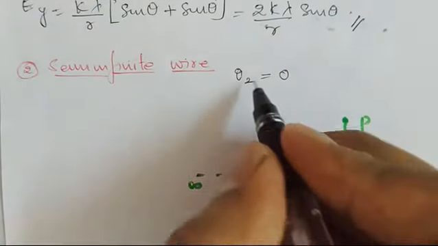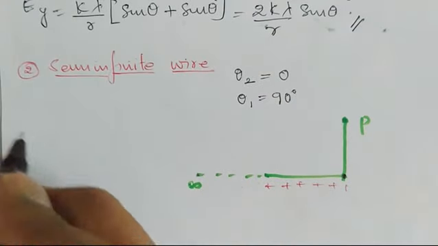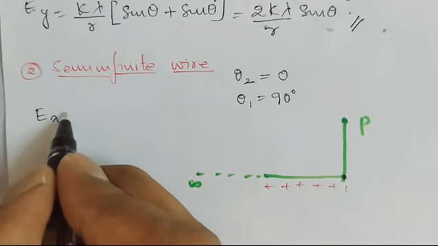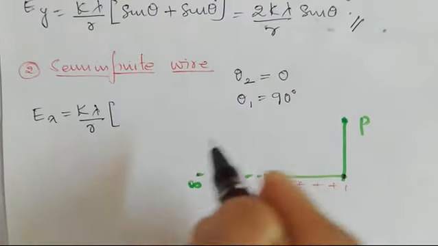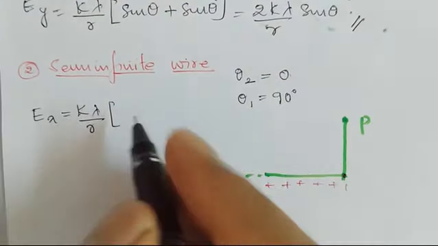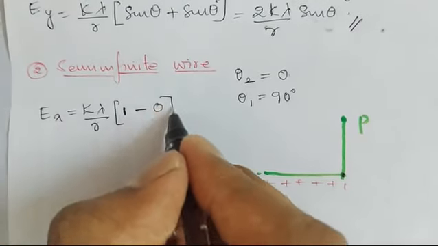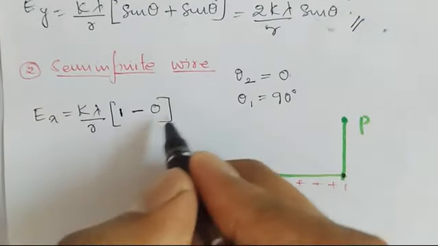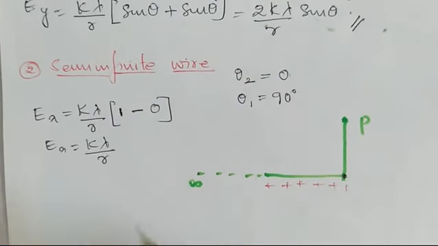Theta 2 becomes 0 and theta 1 becomes 90 degrees. Now see the Ex value. K lambda divided by R, cos theta 2 is 1, minus cos 90 is 0. So we will get Ex value as K lambda divided by R.